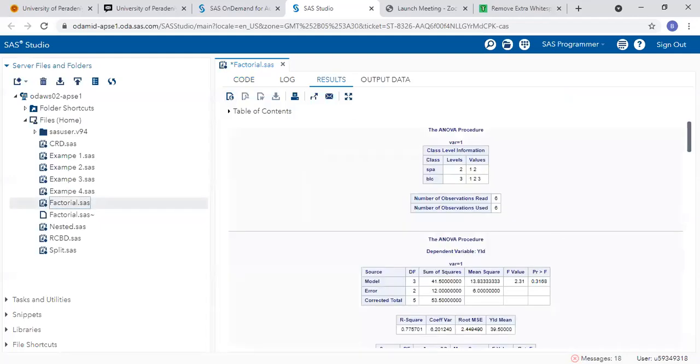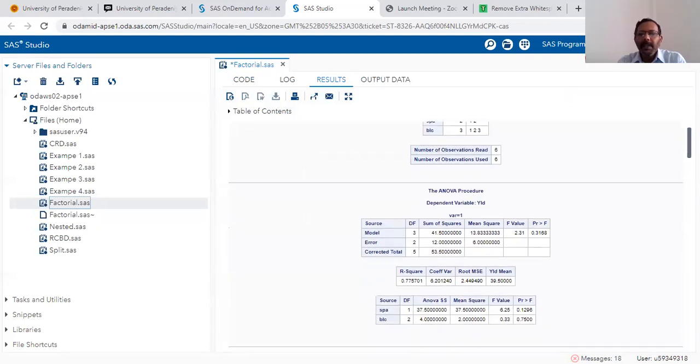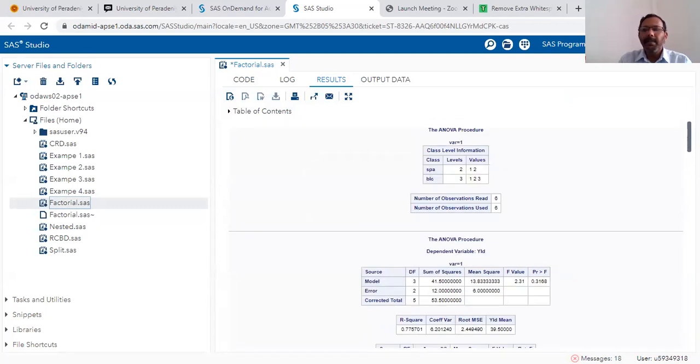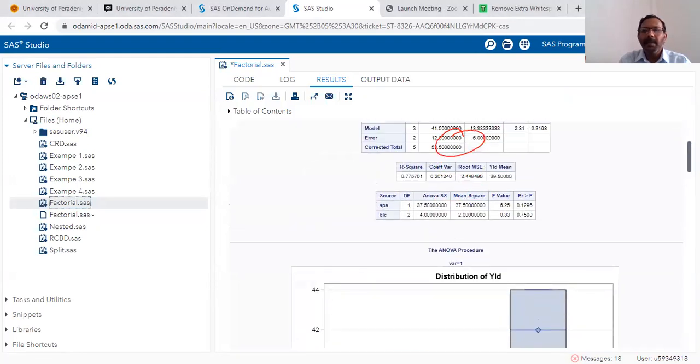So this is the output. We will focus on the mean separation mostly. The model first: this is variety 1, for example. In variety 1, look at whether the treatment or the spacing is significant or not.